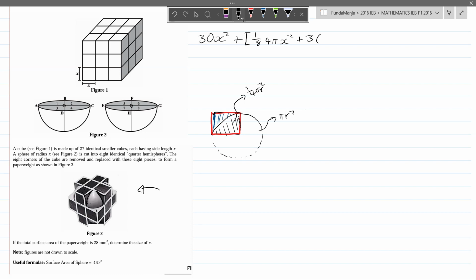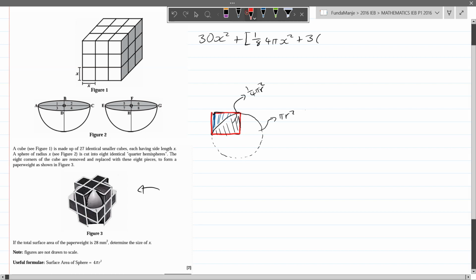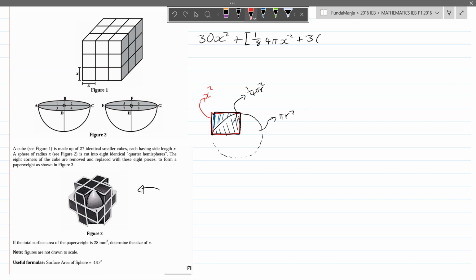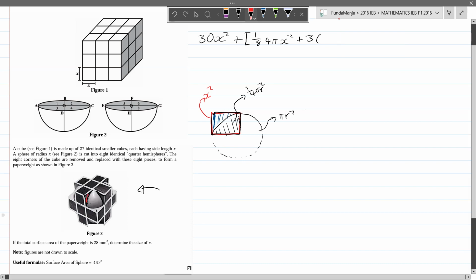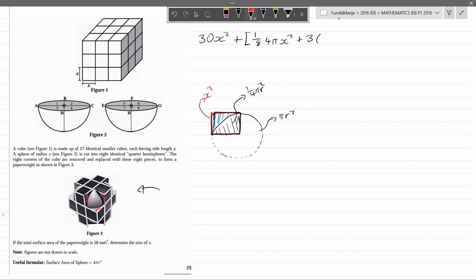So we're going to say x squared, which is the area of this entire square, minus 1 over 4 pi r squared, which gives us the area of the blue part. There are 3 of these instances, because there's one here, one here, and one here, and this is all happening at this one corner.